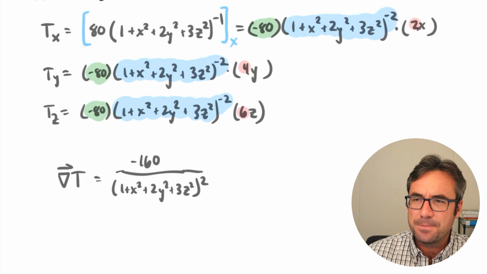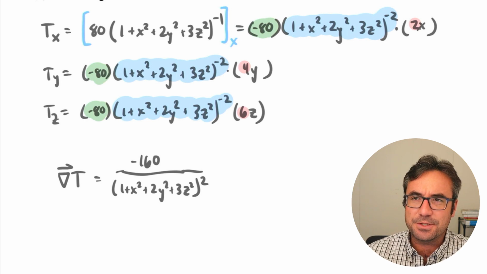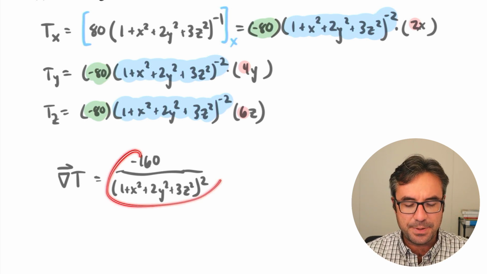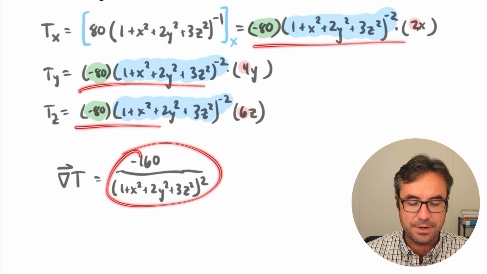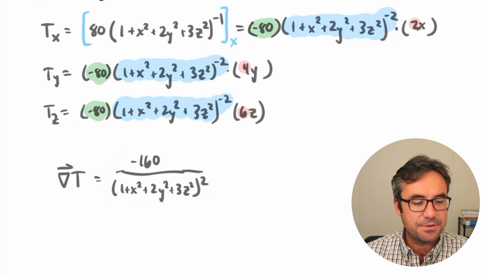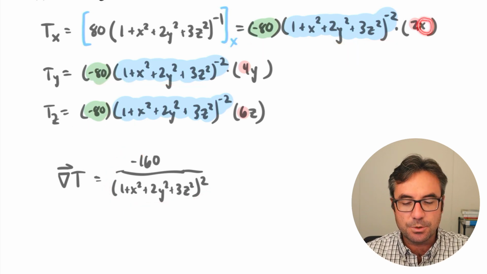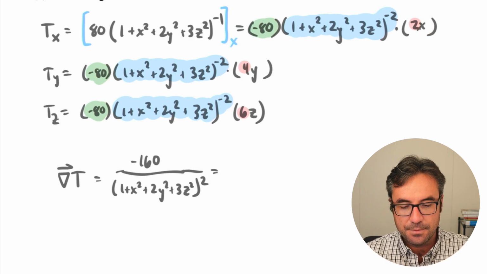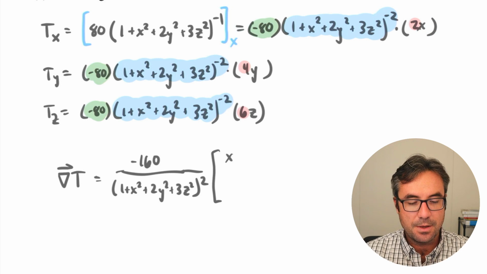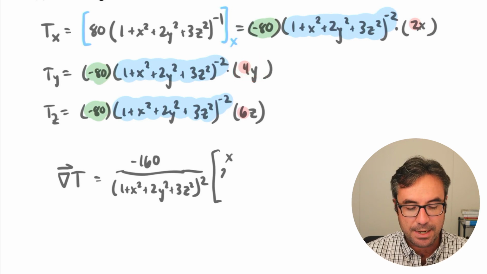All right, so we were able to factor out that scalar piece from all of these partial derivatives. And what we have left is, from the x partial, just x. From our y partial, there's still a 2 here, so it'll be 2 times y.